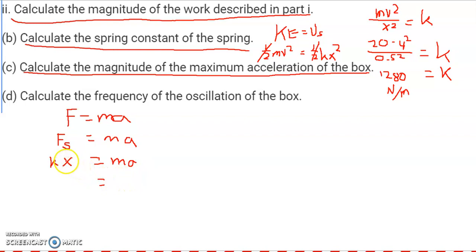And so we get the greatest force of spring when we have the greatest displacement of the spring. And we said the maximum displacement was 0.5. Okay, so that means acceleration, let's rearrange for acceleration, is kx over m. And so that means acceleration is, we found k to be 1280. X, we said, was at the maximum 0.5, and the mass was 20. And so A came out to 32 meters per second squared.